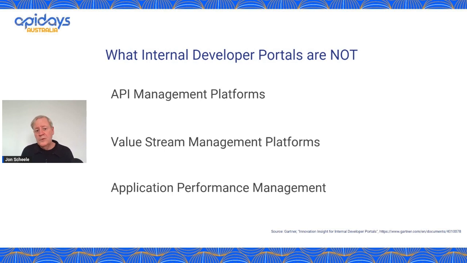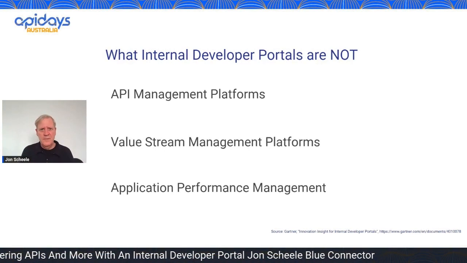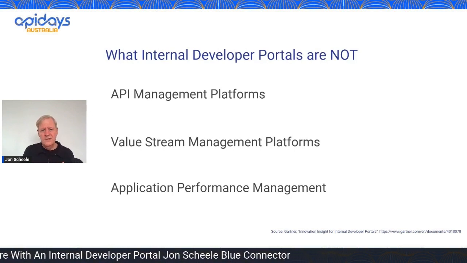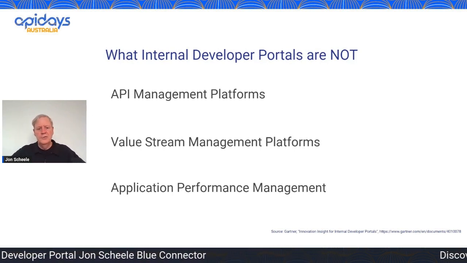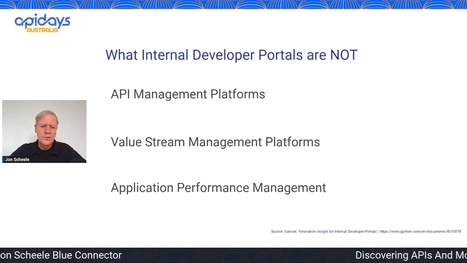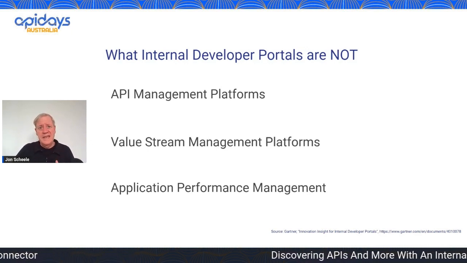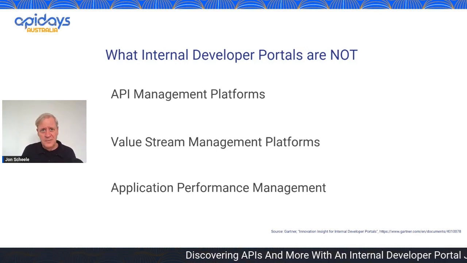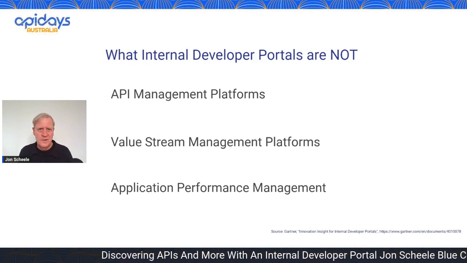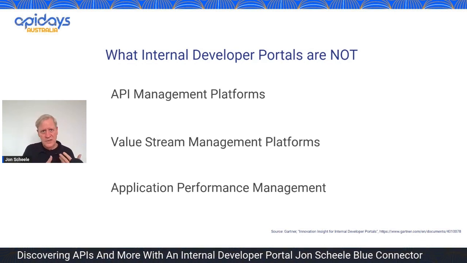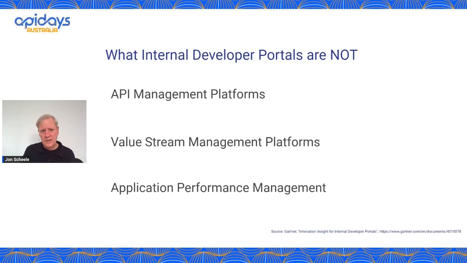So what we really should be looking for is not to replace the API management platform with the internal developer portal, but to connect the developer portal with the API management platform, so that we get the visibility of what is going on in the API management platform at the point when a developer is creating or using an application or other component.